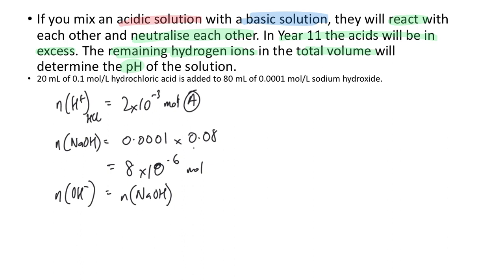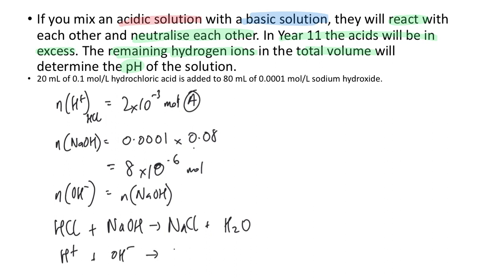Okay, you can write out an equation now. So you can either write out HCl plus NaOH and just write a molecular equation, not the ionic equation, or you can write out H+ plus OH- goes to H2O. Both of those equations are fine, right?